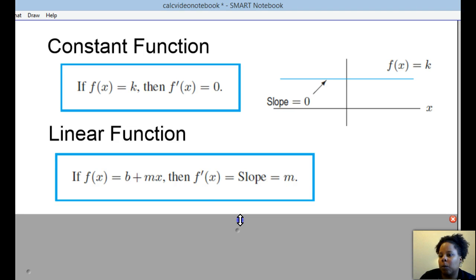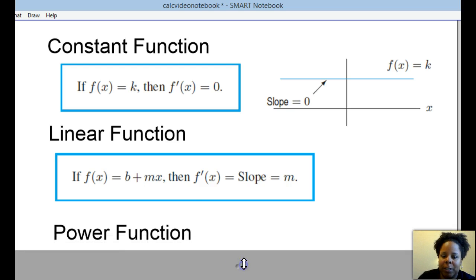The slope of the tangent line won't change for the derivative function, so it will be equal to the same slope of the original linear function. And that means we have another constant function, but instead of being at 0 as for the derivative of a constant function, it's at m.